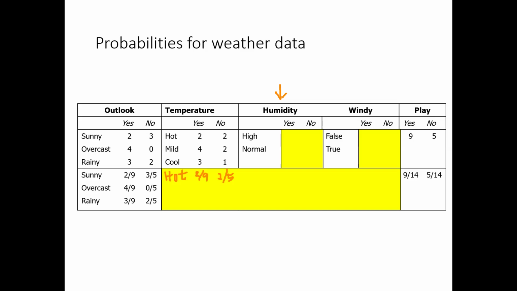Simply, we have to first look at our data set. I hope you remember our data set. We have discussed it earlier, where we have 14 instances, and this is what we call the weather data set. How many instances? 14.